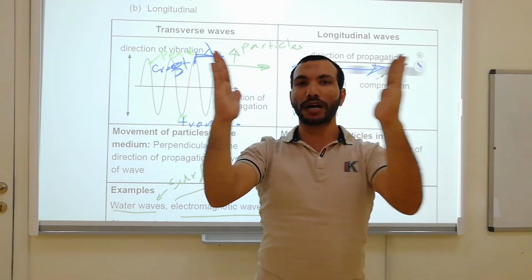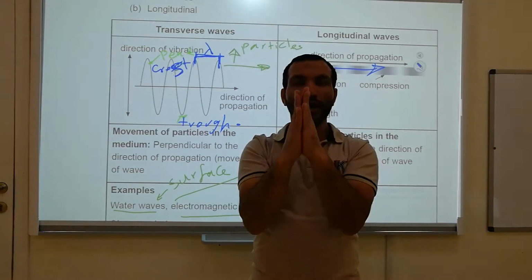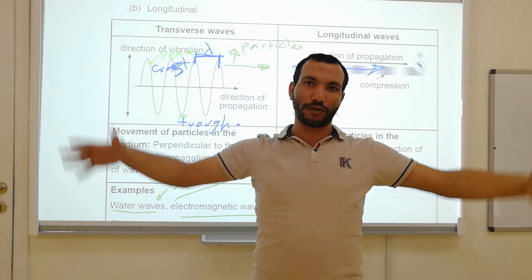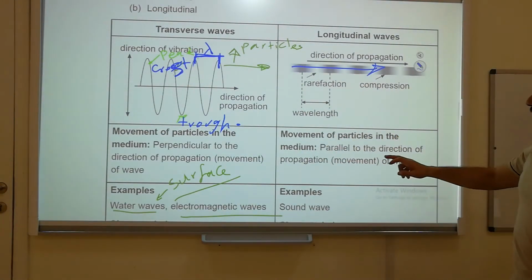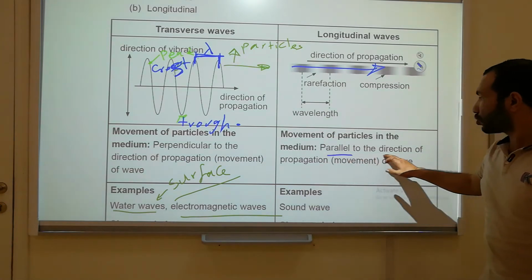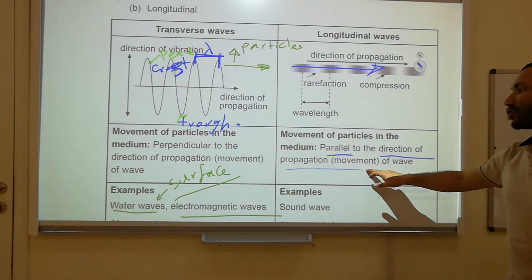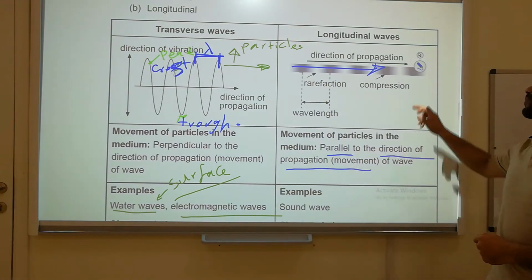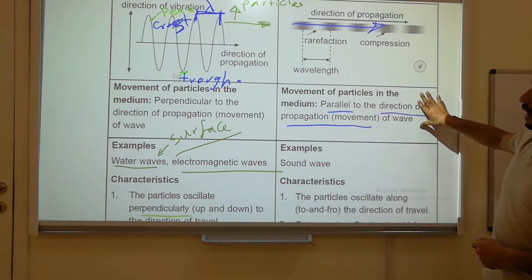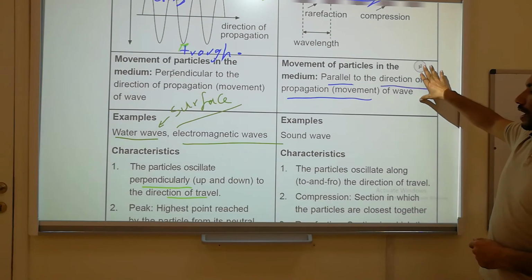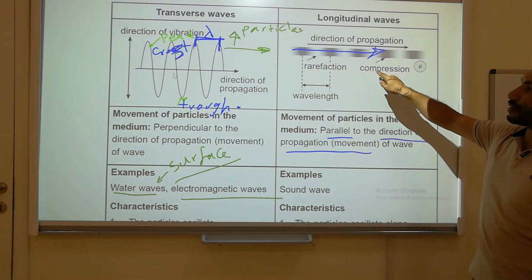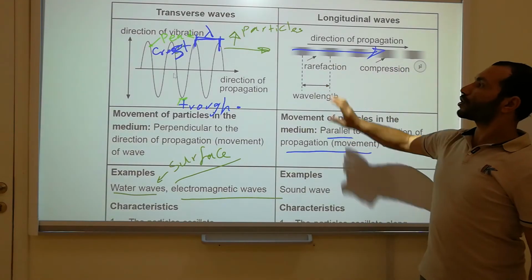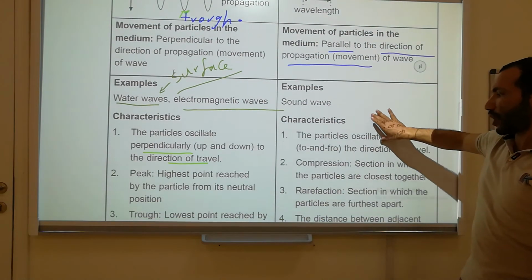Compressions are where the particles are nearer to each other, and rarefactions are where the particles move away from each other. The movement of the particles is parallel to the direction of propagation, meaning they are moving in the same direction. Number two, they consist of compressions, where the particles are near each other, and rarefactions, where they are away from each other.